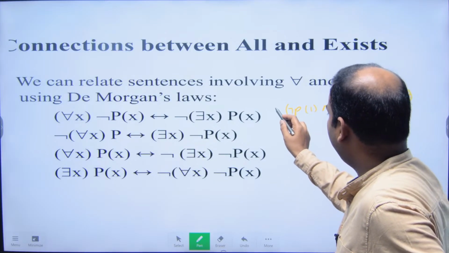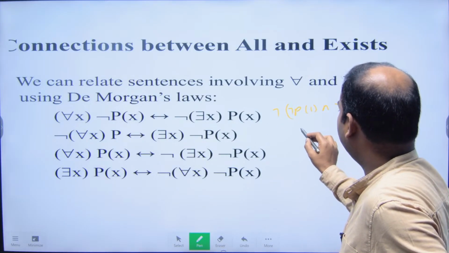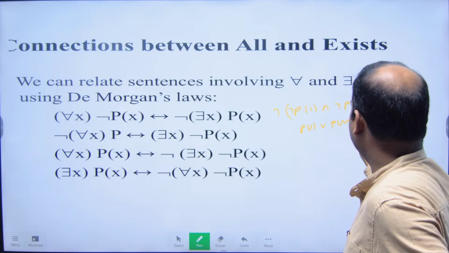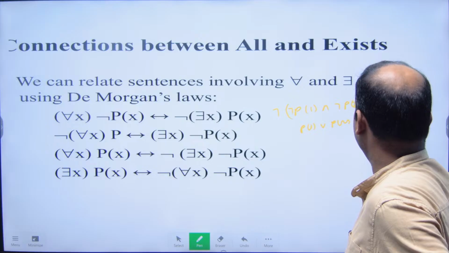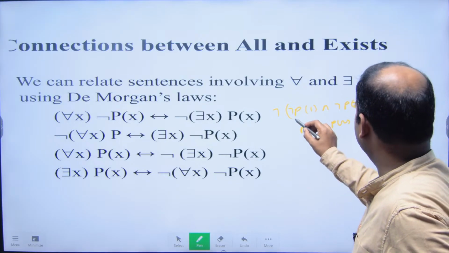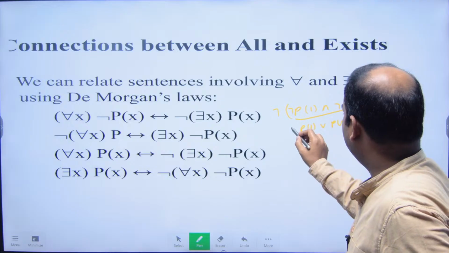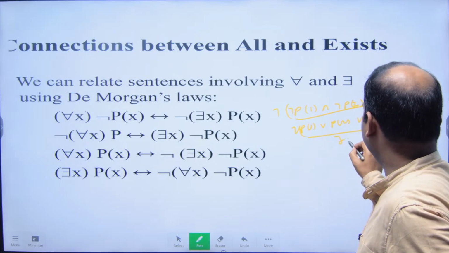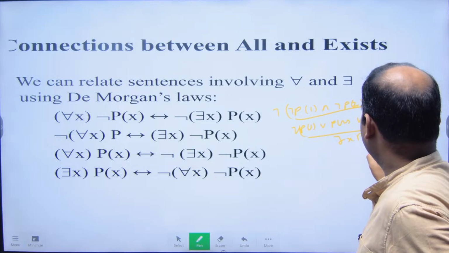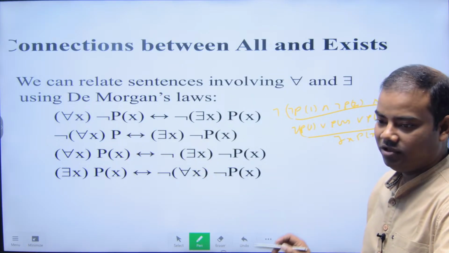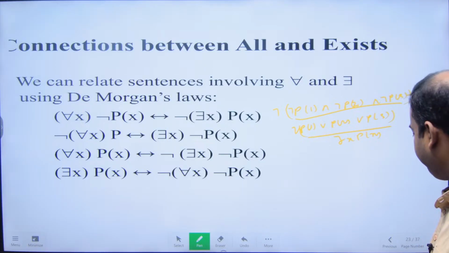So if we take not of this, definitely what will happen? Not P1 or not P2 or not P3. Or you can say this can be written as there exists x not P(x). So not of for all x P(x) is equal to this one. Similarly for all these things.